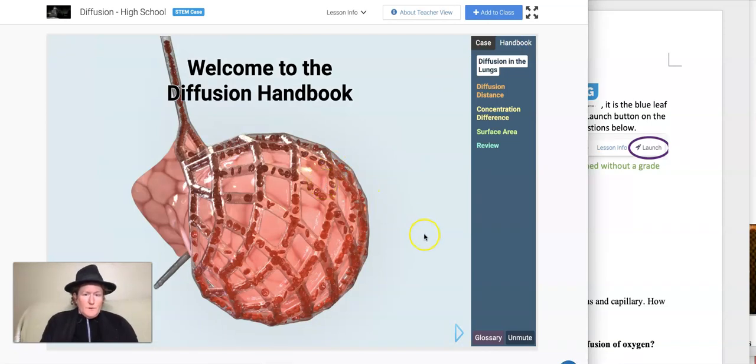So here's our Diffusion Handbook. This is an alveoli. It's one of the tiny sacs in your lungs, and this is the capillary around that tiny air sac in your lungs.